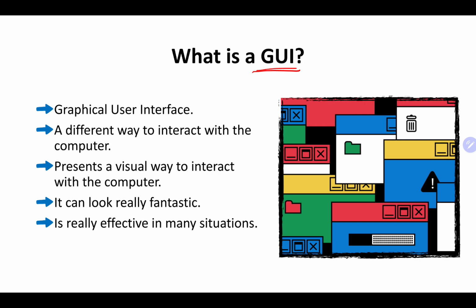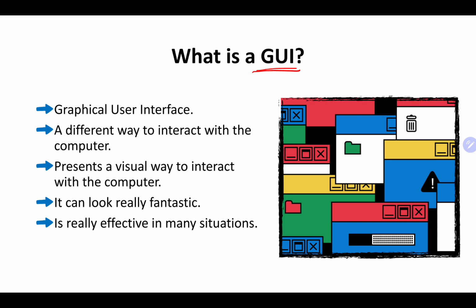But for other human beings, they might not understand the meaning of the command that we put inside the terminal. So that's why GUI is easy for everyone to use, even for the developer, it is also easy.